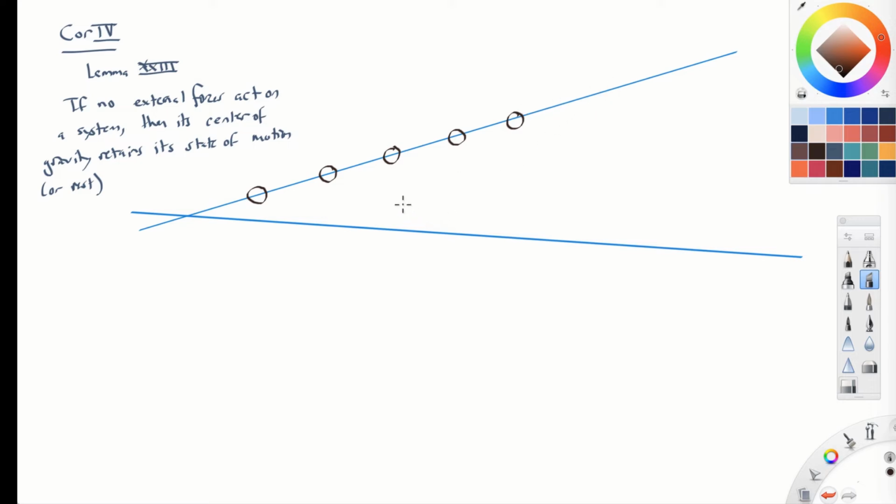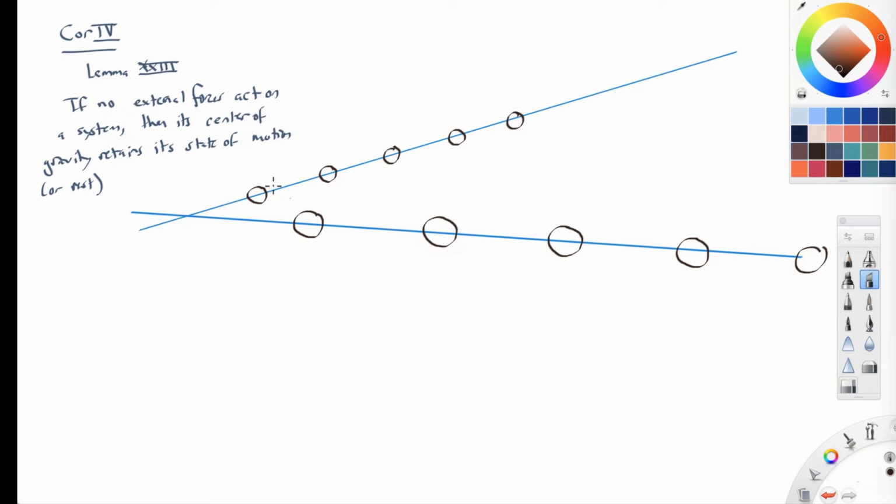Now let's suppose that there's another object, a bit bigger, that is moving along this trajectory. It's moving a little bit faster, so I'm going to draw these a bit farther apart. I think I have 5 on each of them, right?